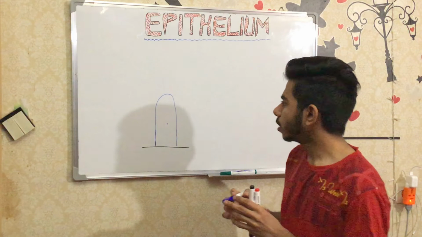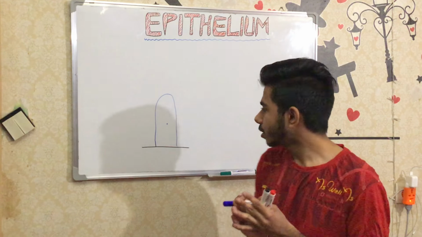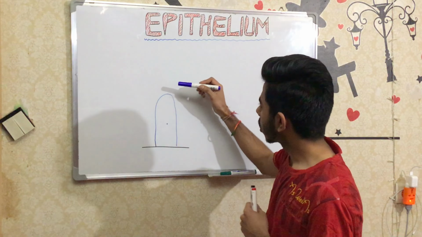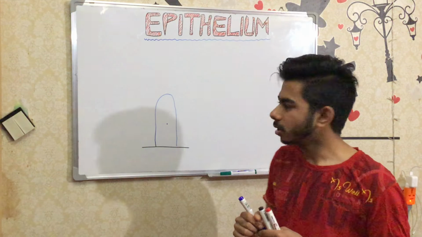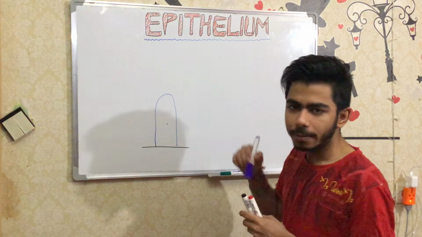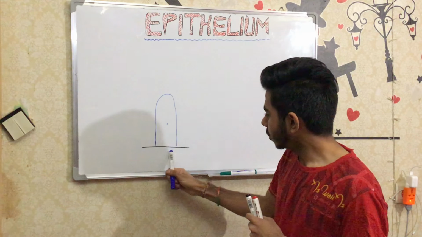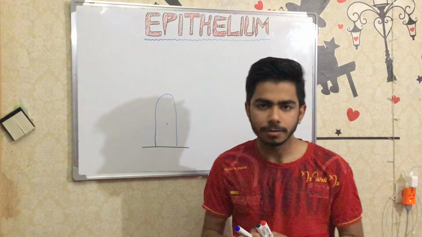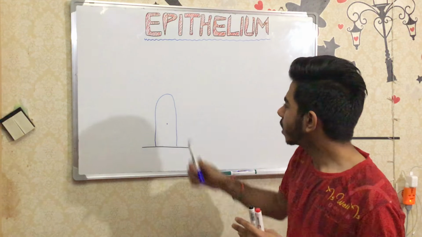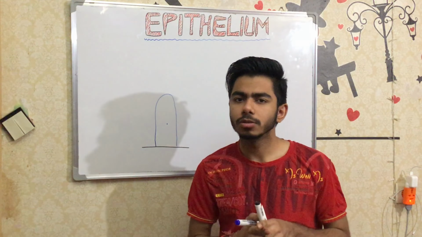So first, in this video, I will talk about the structures present over here. This is the apical surface of the epithelium, this is the lateral surface of the epithelium, and this is the basal surface where the basement membrane is present. So let me talk first about the apical surface, what structures are present over here.